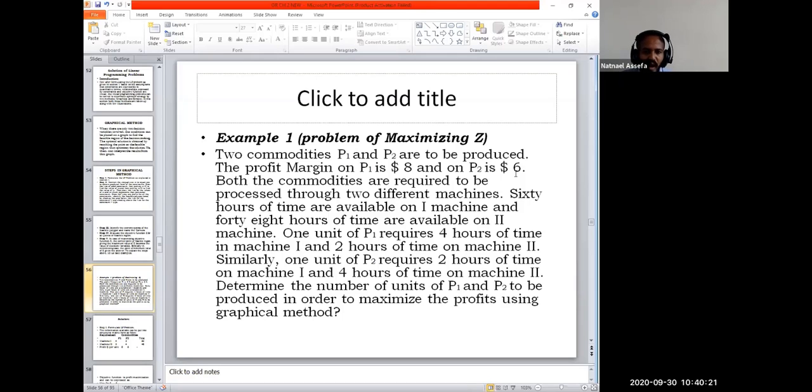So 1 unit of P1 requires 4 hours of time in machine 1 and 2 hours of time on machine 2.